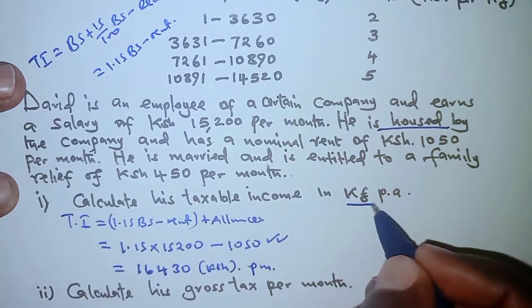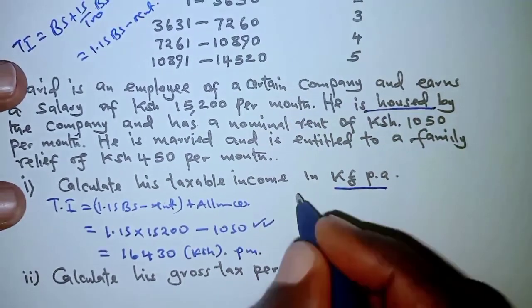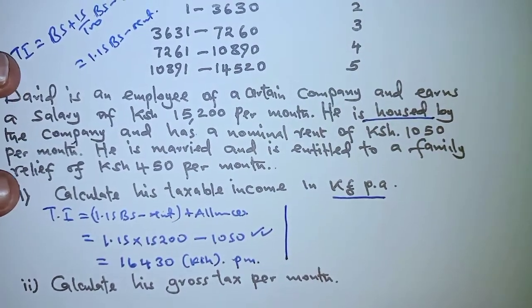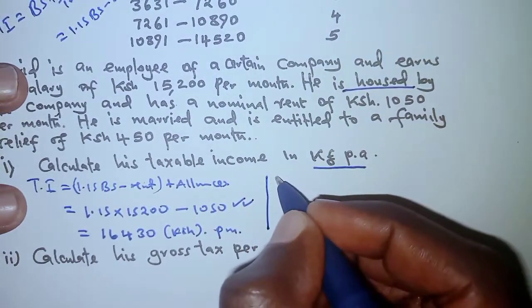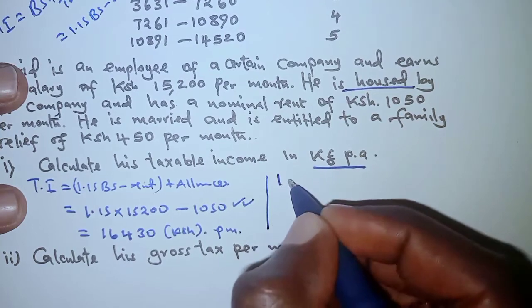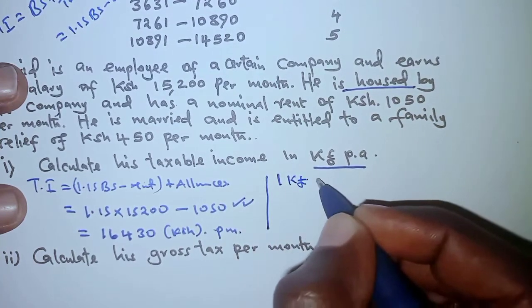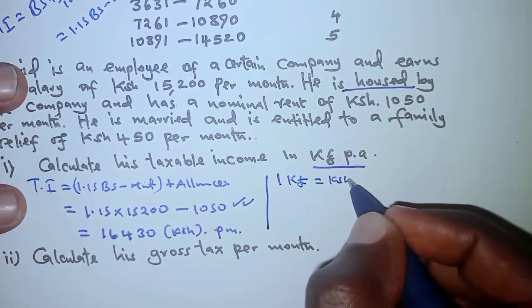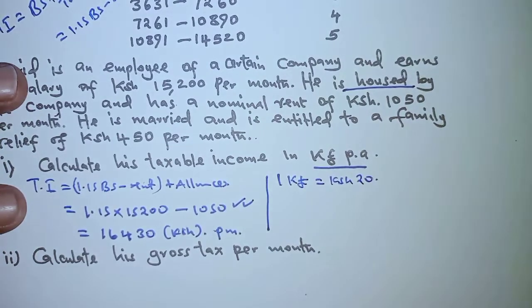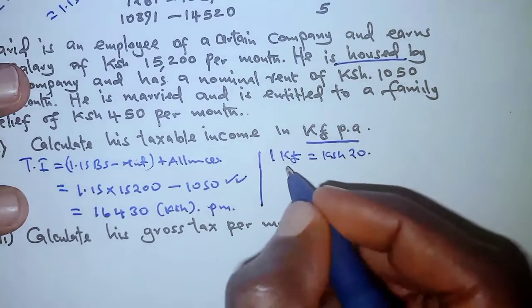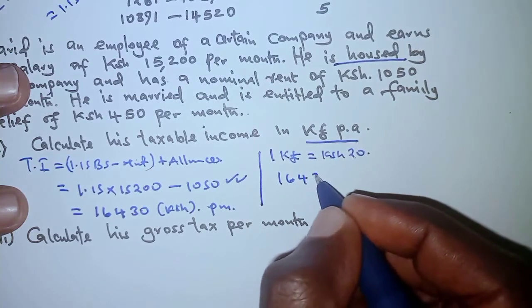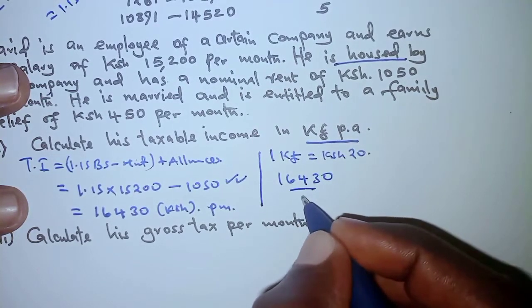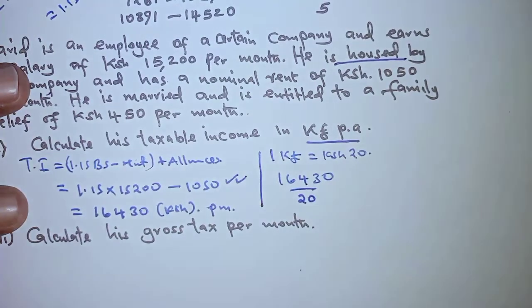Remember, we are required to get these in Kenyan pounds per annum. So what we're simply going to do is, we know that 1 Kenyan pound is equivalent to 20 Kenyan shillings. So doing our conversion, we will have 16,430 divided by 20.